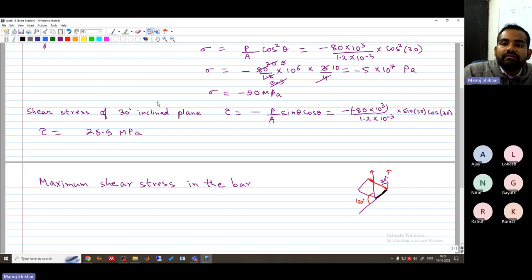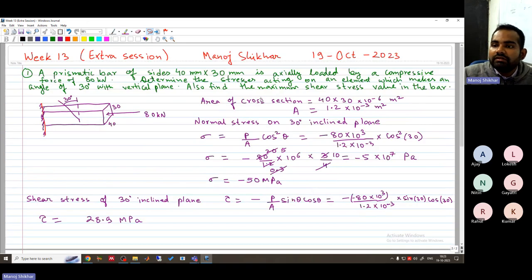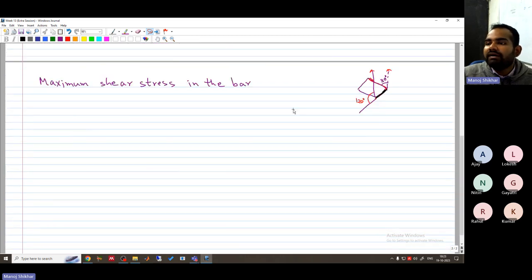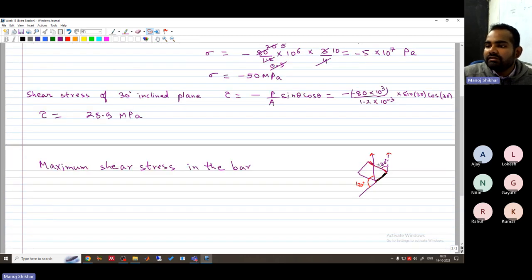And why do we need to find this? Because in the question they have given us that determine the stresses acting on an element which makes an angle 30-degree with the vertical plane. So we have found the stresses on this plane, this red plane, but other stresses are also acting on this element.